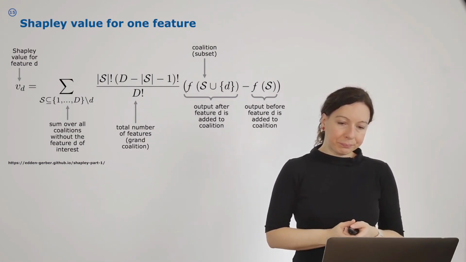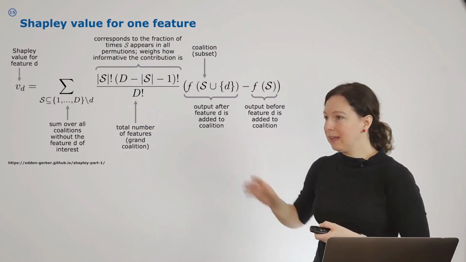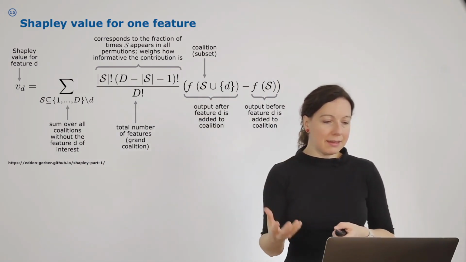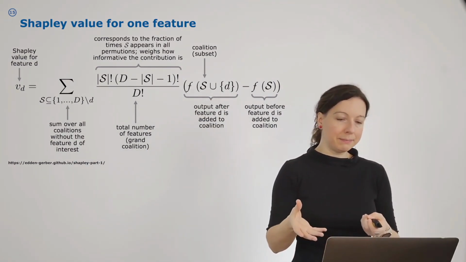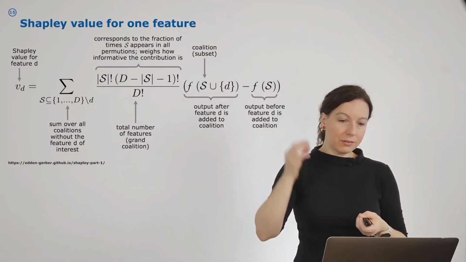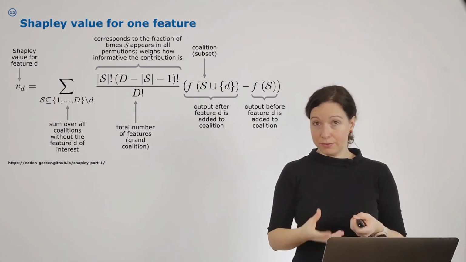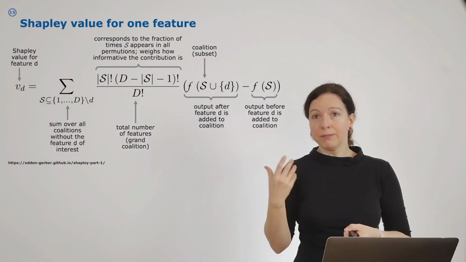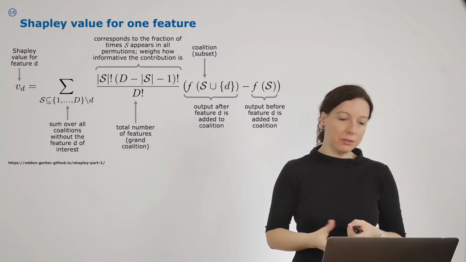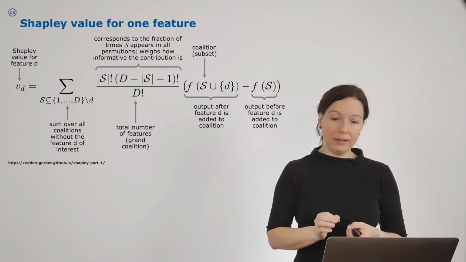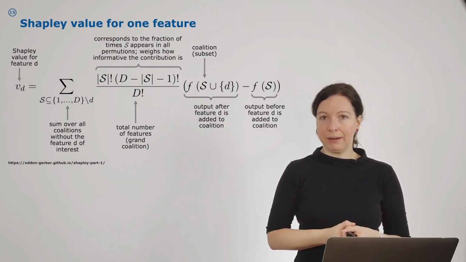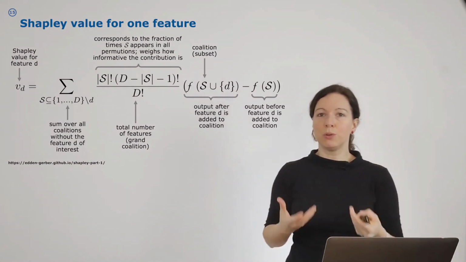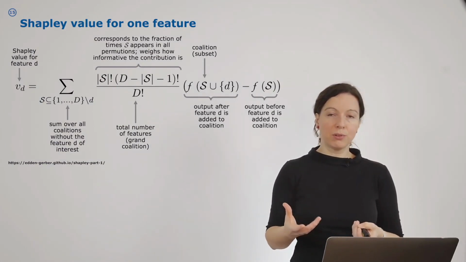And then we have this one here. This is a little bit more complicated, but what it says is that this term within the sum corresponds to the fraction of times S appears within possible player permutations. You can also interpret it more intuitively: it gives the highest weight to the most informative contributions of the player. What is the most informative contribution of the player?